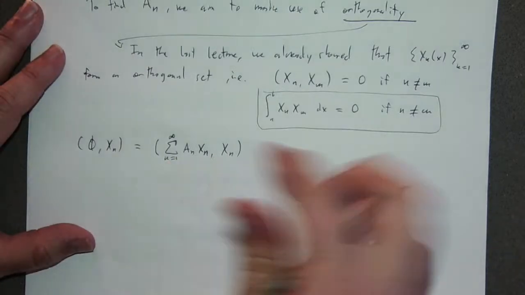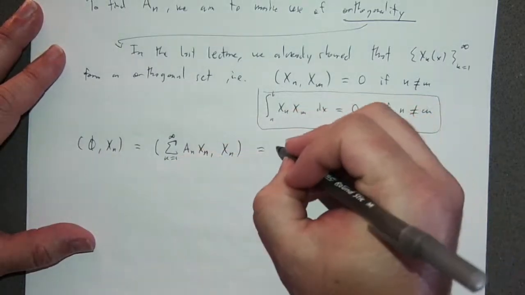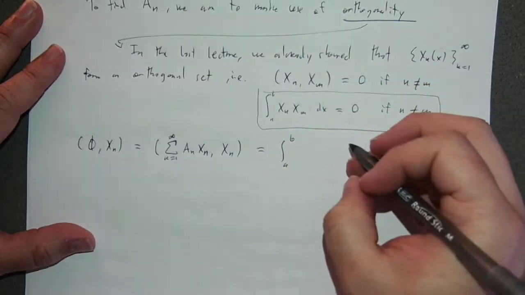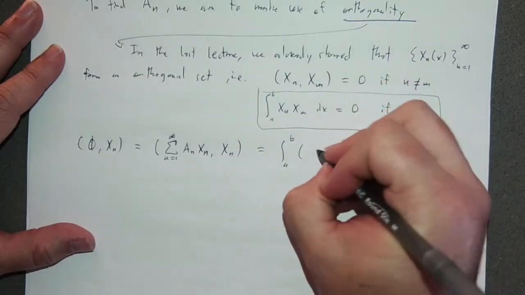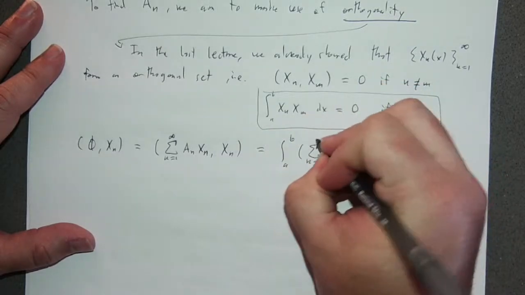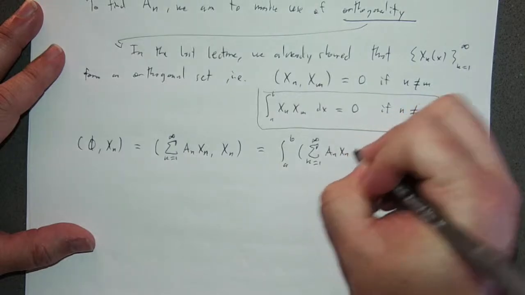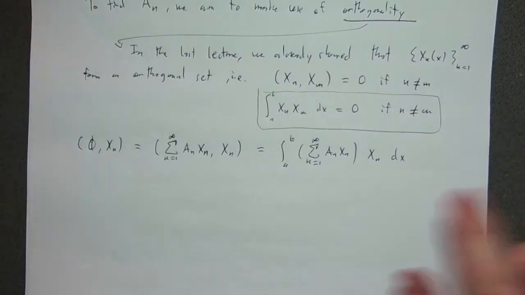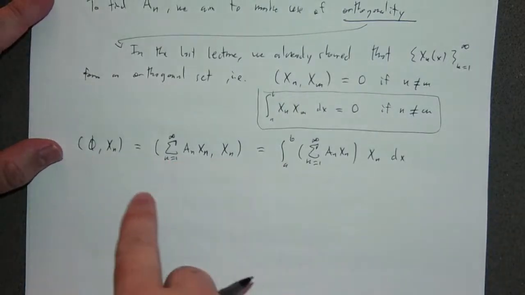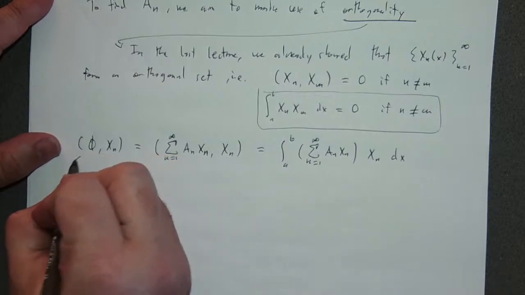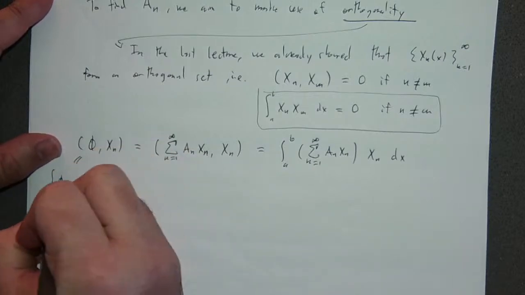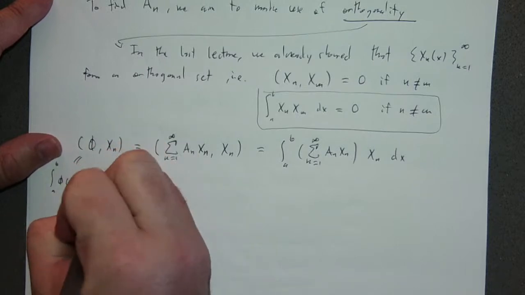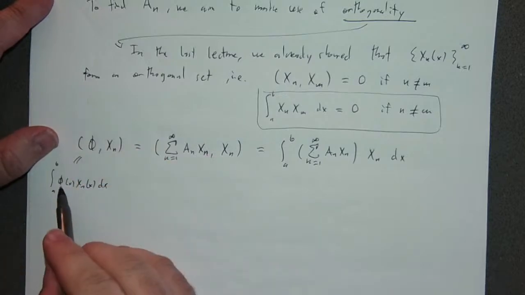Now, what is this by definition? The definition of this inner product is the integral from a to b of this sum, n equals 1 to infinity of a sub n x sub n times x sub n, dx. I could have done something slightly different here. I could have immediately written this as the integral of phi from a to b, phi times x sub n of x dx, and then swapped in what phi is.